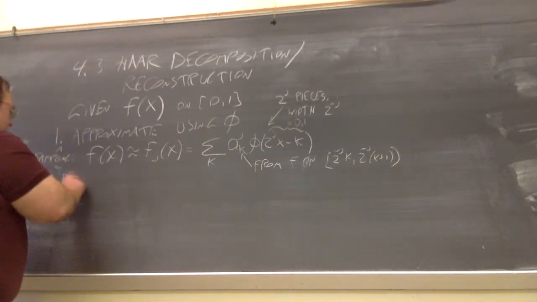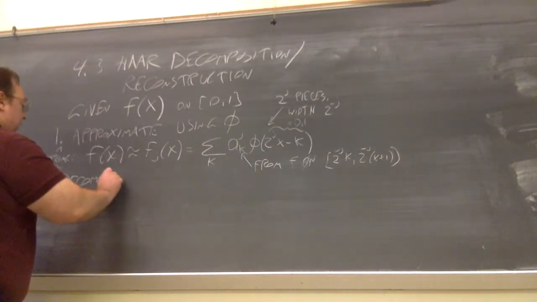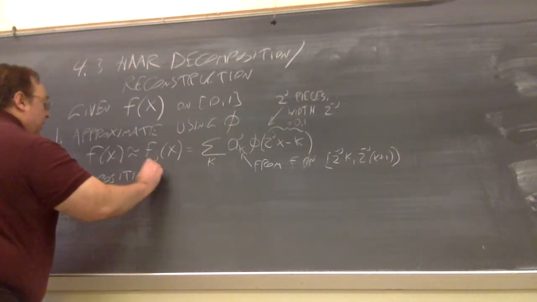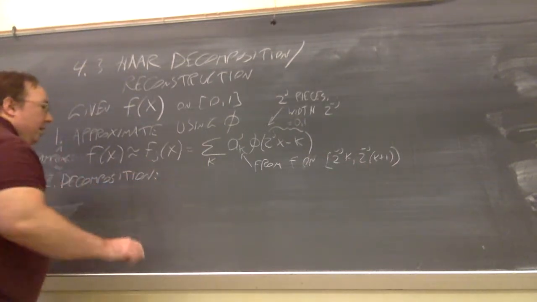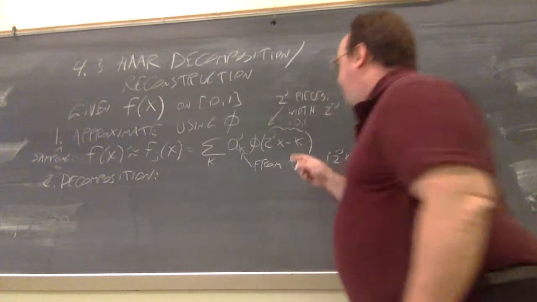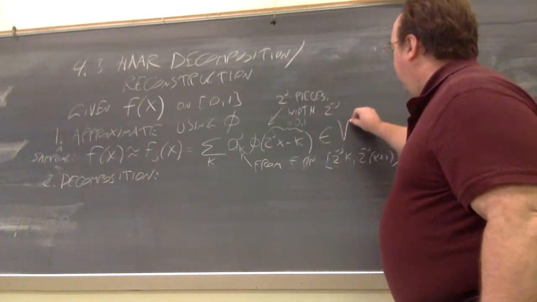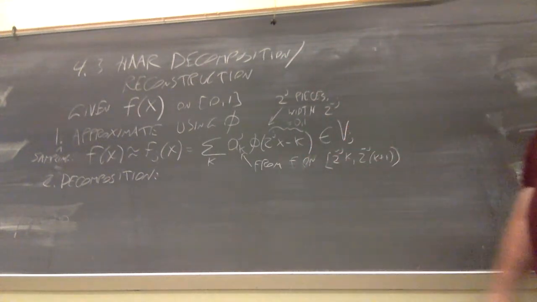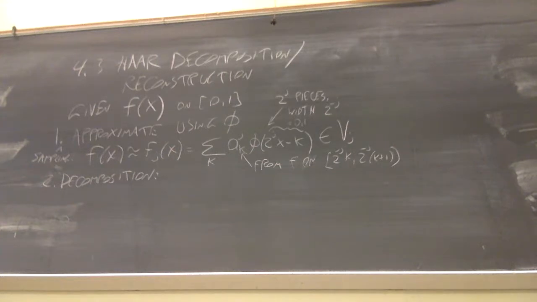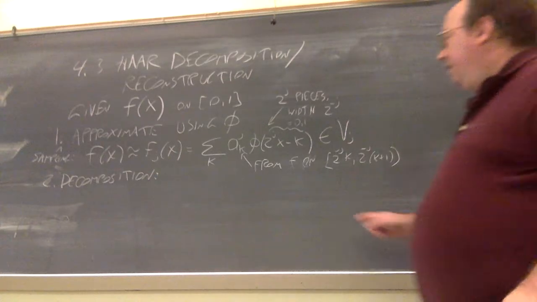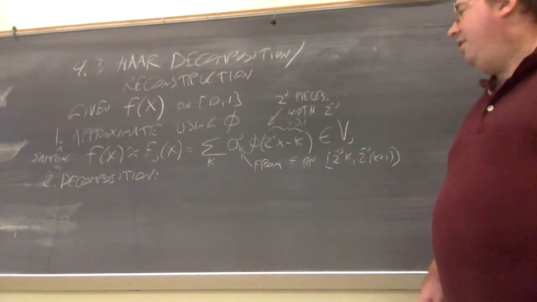So for that is the decomposition stage. Now, this function fj belongs to our space Vj, that consists of linear combinations of Haar scaling functions at level j. There'll be these kind of functions here.